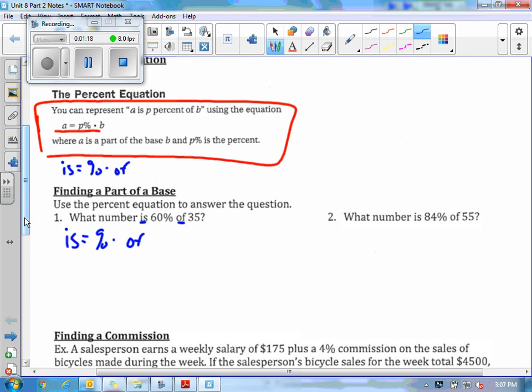So it says what number is, which means we don't know that, so we're going to put a variable there. 60%, of means multiplication, and we have of 35. As we talked about at the end of Part 1, I can turn 60% into a decimal, 0.6, and then just multiply that by 35, and I'll get n equals 21.